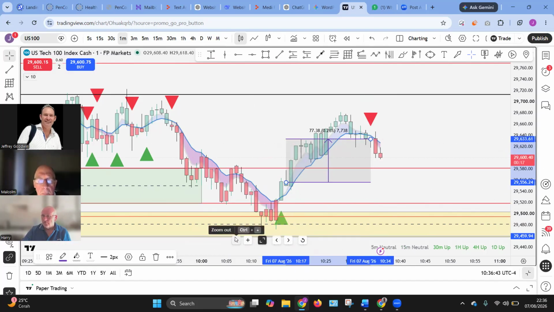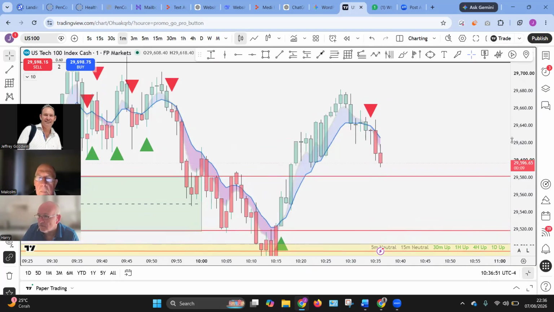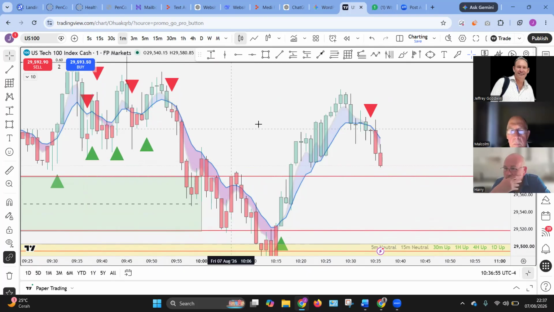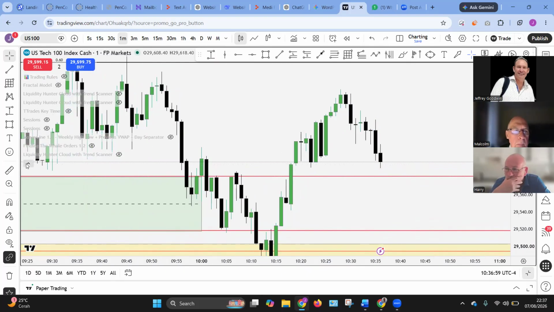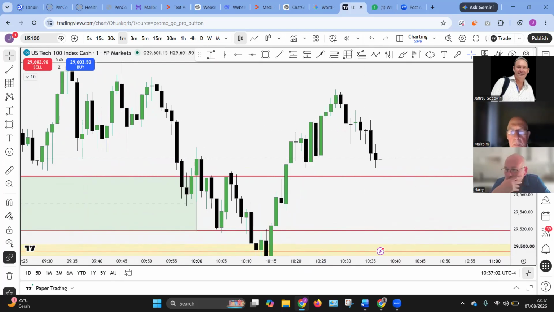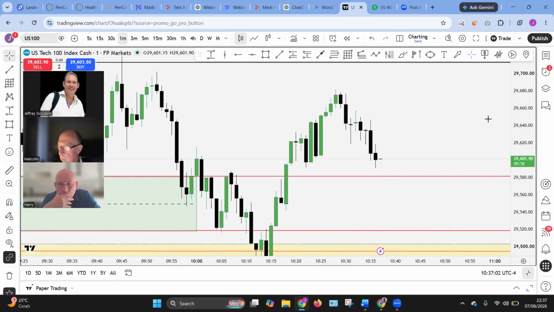Now it looks like it's going to come down. Where's it going to come to? It's going to come down to the body's high. It's a good chance to come to the body's high on a 4 hour and reject. It could continue down, but let's just... I know that's a long session, guys, but I think it's been valuable.